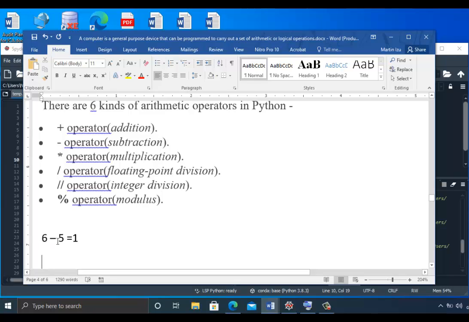The difference between 6 and 5 is 1, because if you add 5 plus 1, you will have 6. So another way to interpret 6 minus 5 is the difference between 6 and 5. If this were 8, the difference between 8 and 5 is 3.